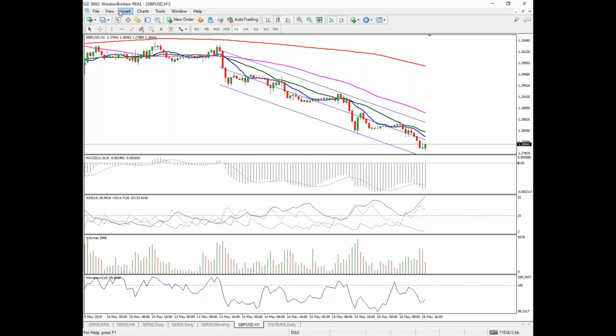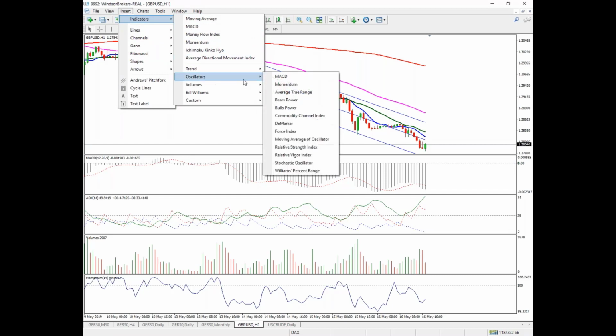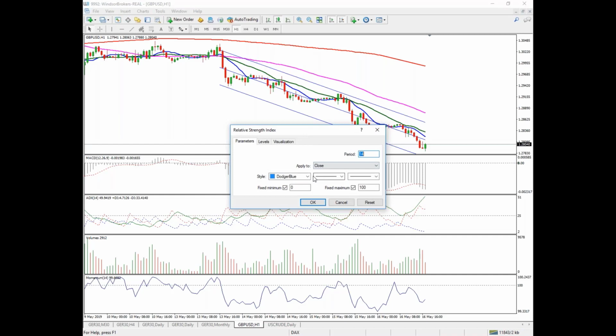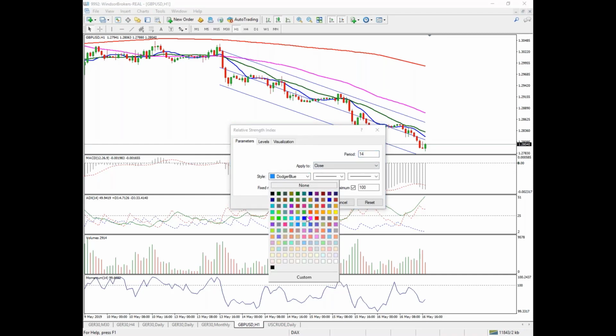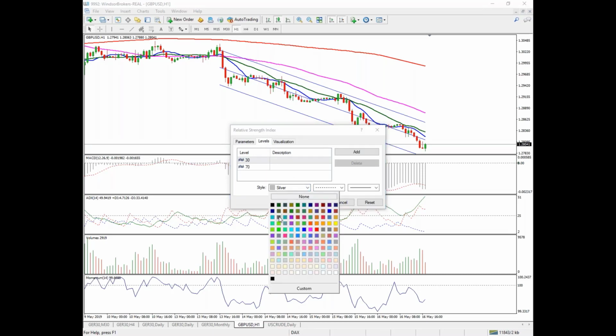And let's put another important oscillator called the Relative Strength Index, RSI. So we can also see how it works, because this is also an important indicator. 70. So we're going to put.